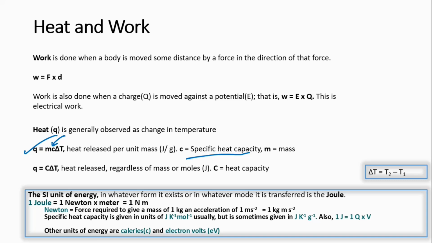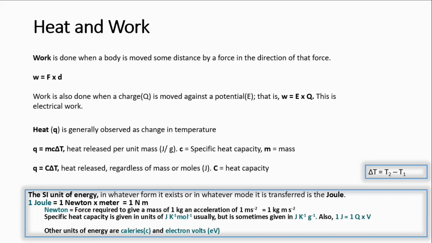Okay, so that's why it's called specific. It's specific because it considers the mass of the substance, and that is why you have an m here, which specifies the mass. So the units for specific heat capacity will be something like joules per kelvin per kilogram or per gram, yes, because it specifies the mass.